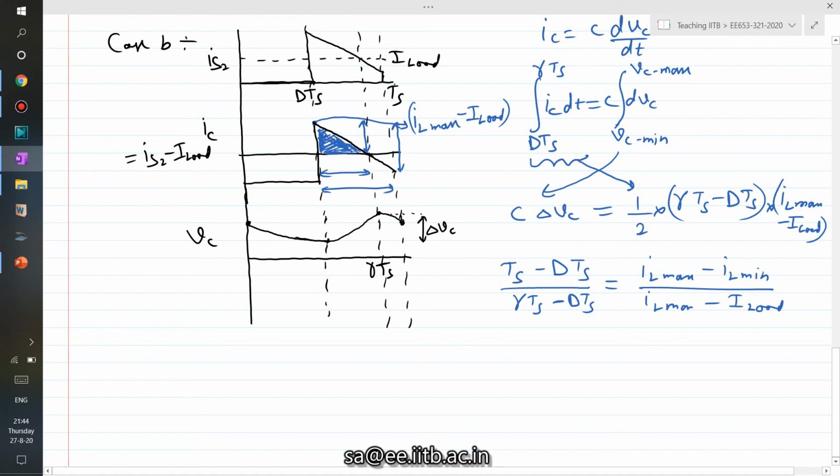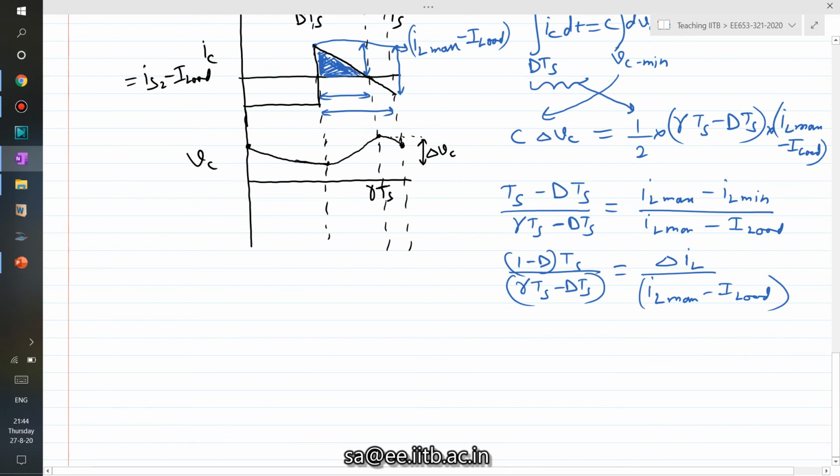So I can rewrite this as 1 minus d into Ts upon gamma Ts minus dTs is equal to, what is IL max minus IL min? It is delta IL upon IL max minus I load.